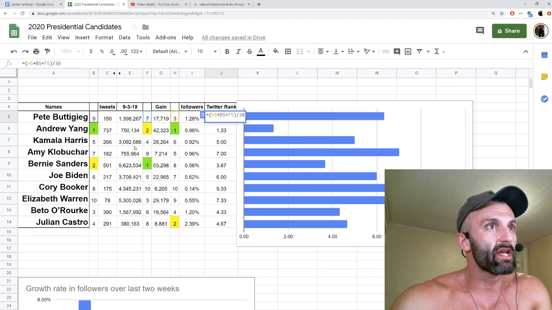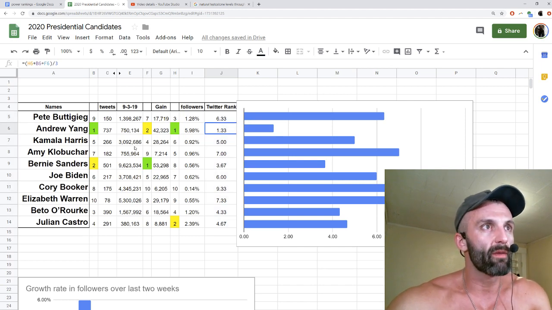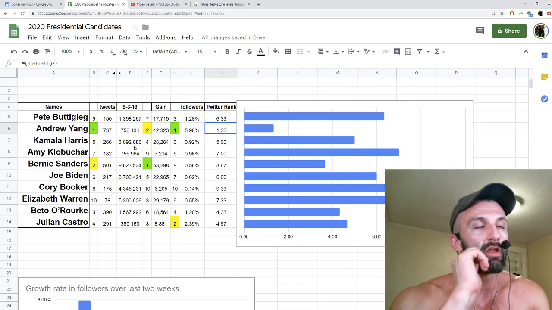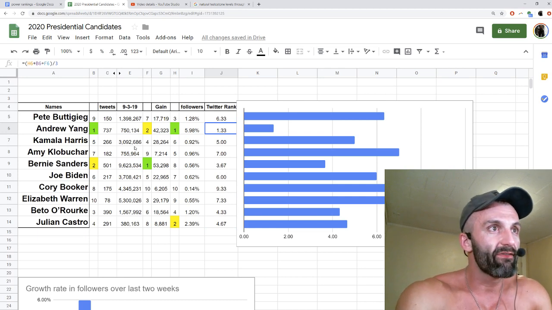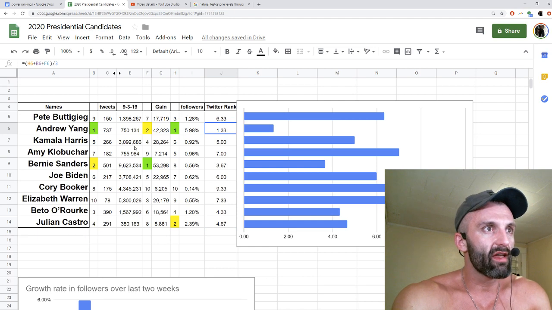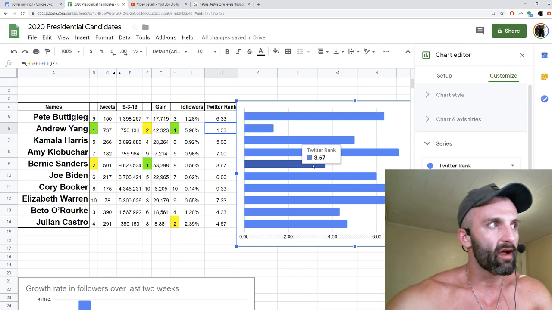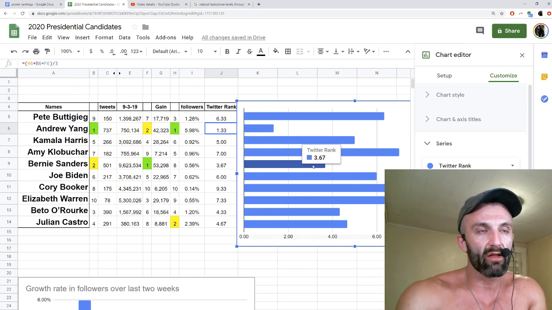Anyways, okay, so we take the total of those, and we divide it by 3 because there's 3 categories. That's the average. Here's the average for everybody up here. Andrew Yang is #1 overall on Twitter, followed by the next closest person, and if you look over here at this chart, Bernie Sanders at #2. His overall ranking was 3.67.